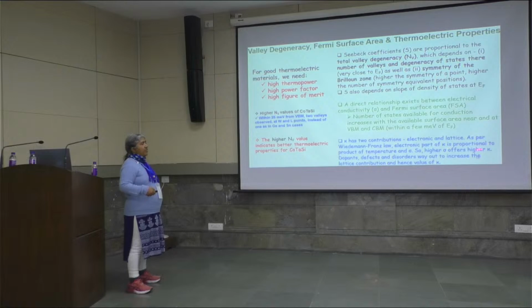So higher sigma often means higher kappa also. In that case, the phonon contribution of kappa comes to help. But we did not do those calculations; we just compared the electronic part of it. So basically the higher NV value indicates why we get better thermoelectric properties for Co2TaSi.